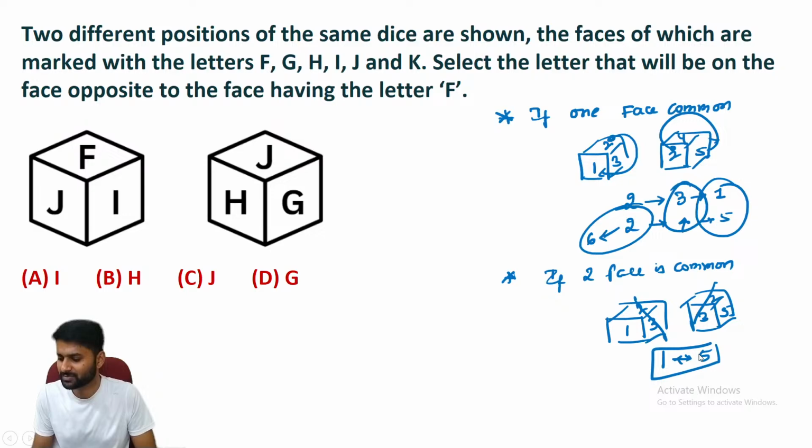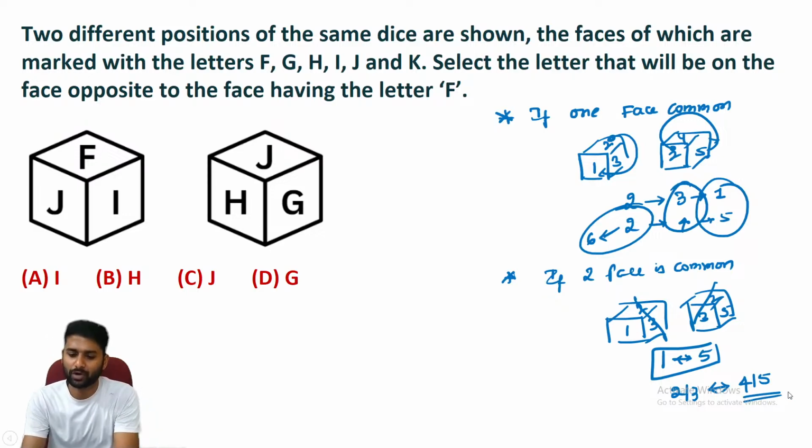Means 1 and 5 must be opposite to each other. And 2, 3 can be opposite to either 4 or 5. For example, if the question is what is the opposite of 2? Opposite of 2 can be either 4 or 5. Opposite of 3 can be either 4 or 5. We are not sure of an exact answer when two faces are common. But if the question is about the opposite of 1, we can see that it's 5.